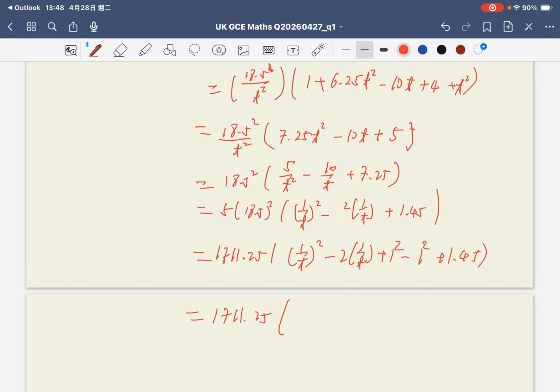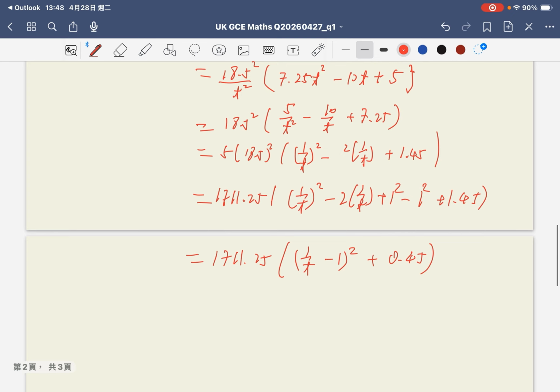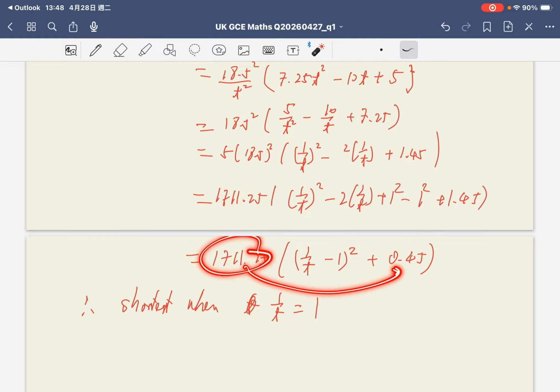You can see that 1 over t minus 1 all square plus 0.45. That shortest distance is when 1 over t equal to 1. And the shortest distance is this times this one, and square root.